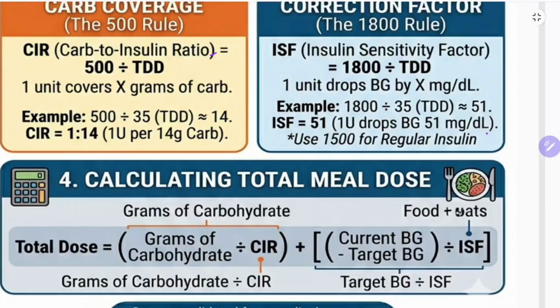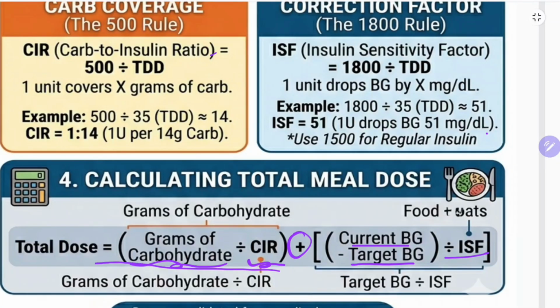So how will you calculate the total meal dose? This is the formula: total grams of carbohydrate consumed by the patient divided by CIR, plus current blood glucose minus target blood glucose divided by insulin sensitivity factor.